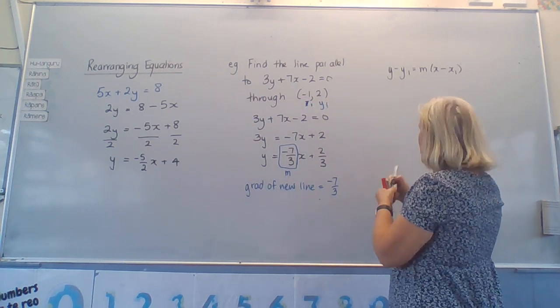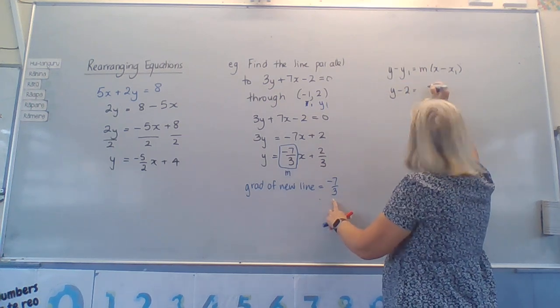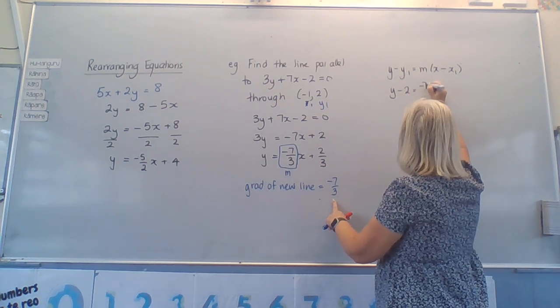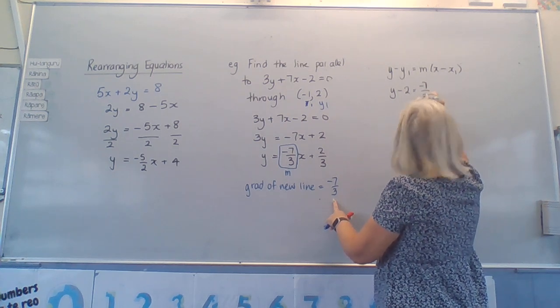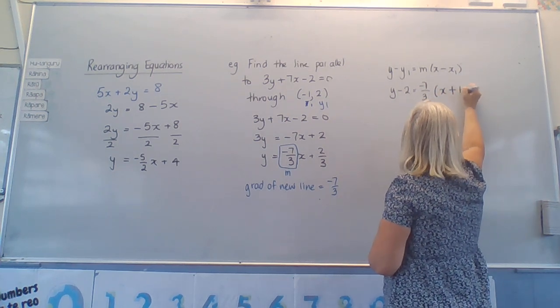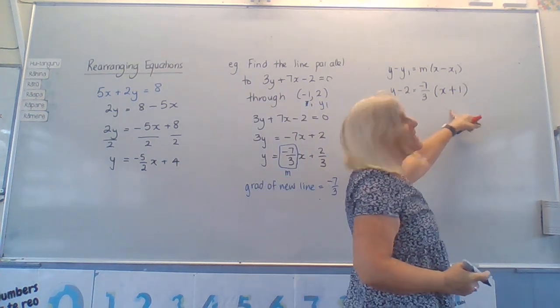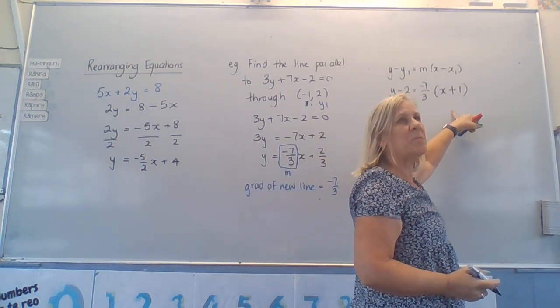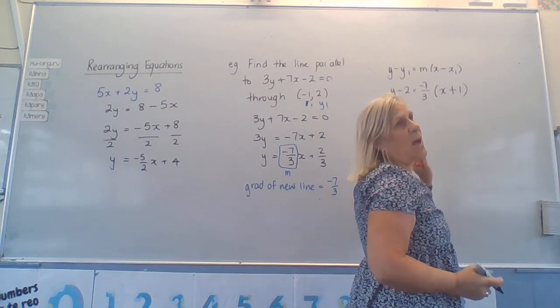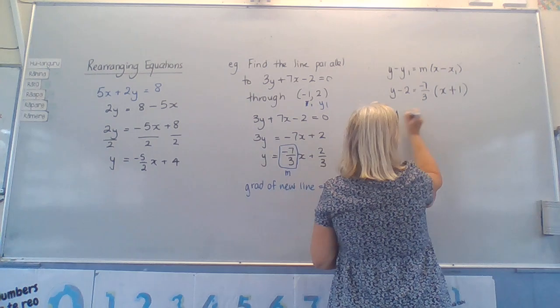So we've got y minus 2 equals, here's the gradient that we just found, negative 7 over 3 times x minus negative 1. All right? So this is our new line, but we need to make it into a better form with only y equals. So we go through that process again.